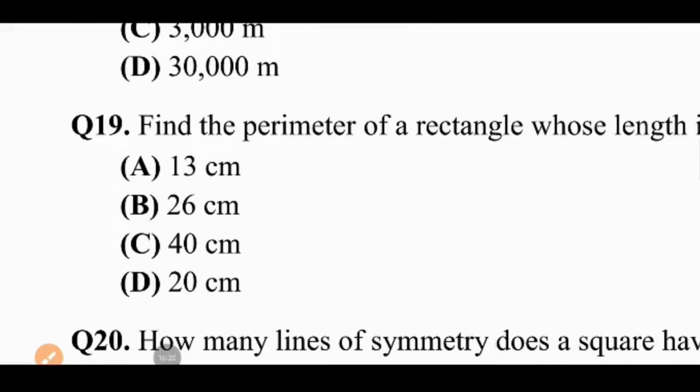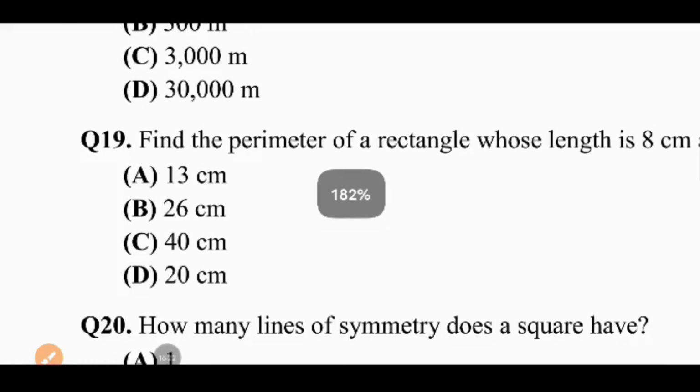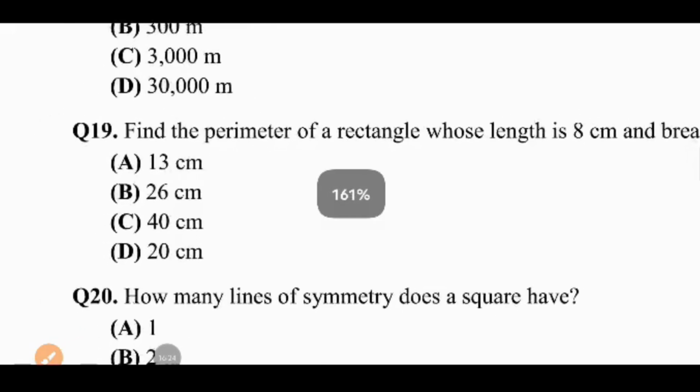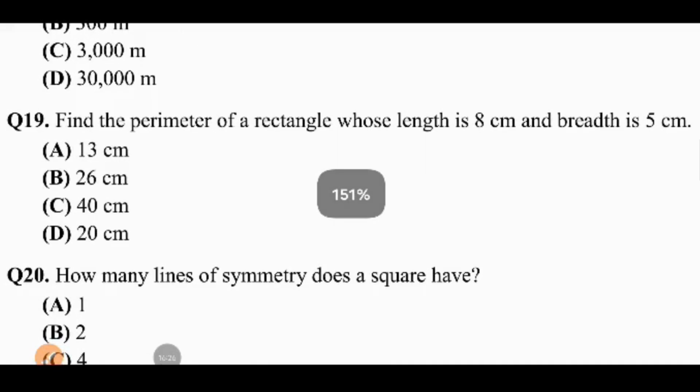Moving to question number 19. Question number 19 says find the perimeter of a rectangle whose length is 8 centimeters and breadth is 5 centimeters. So we have to find the perimeter. Do you know the formula for the perimeter of a rectangle?